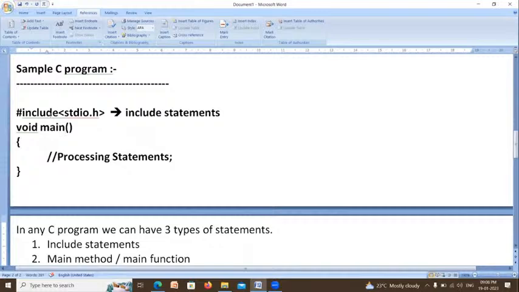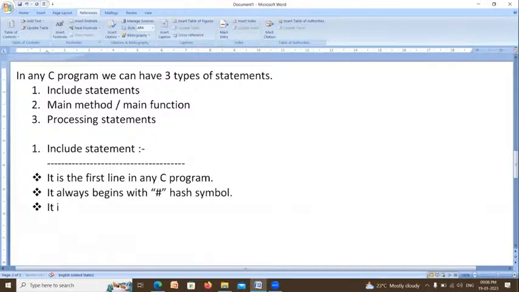What is the use of this line? It is used to copy the content of this file into your program. Which file? stdio.h, that is the file name, into our program.